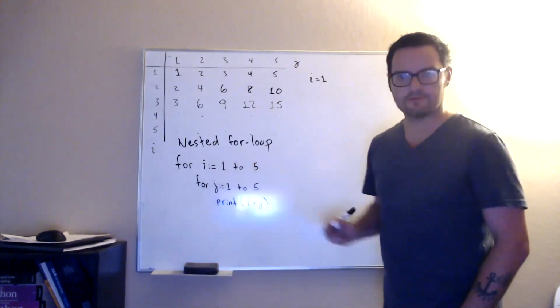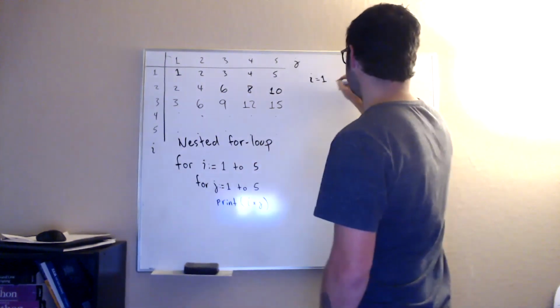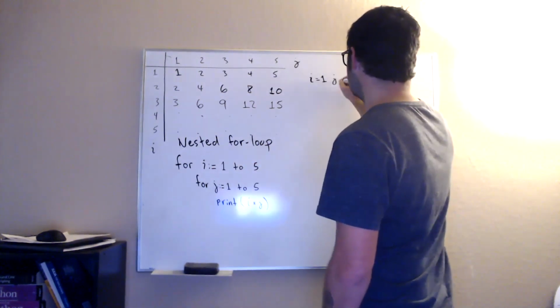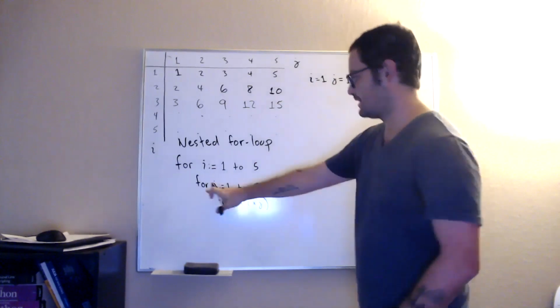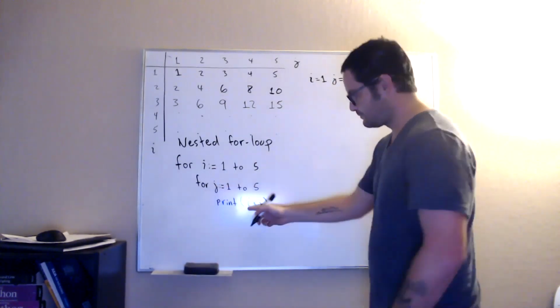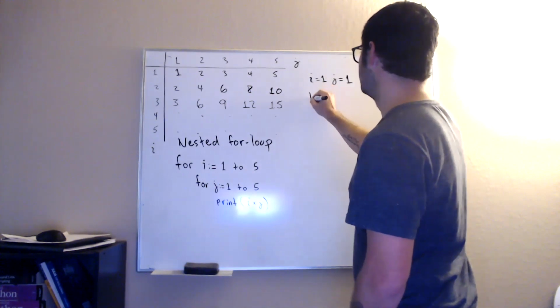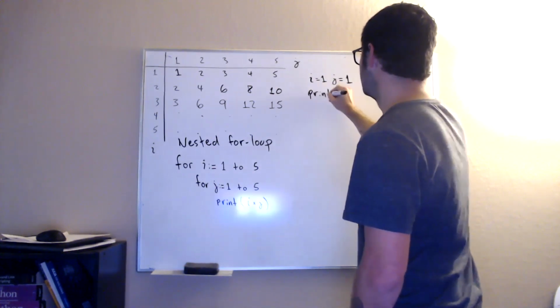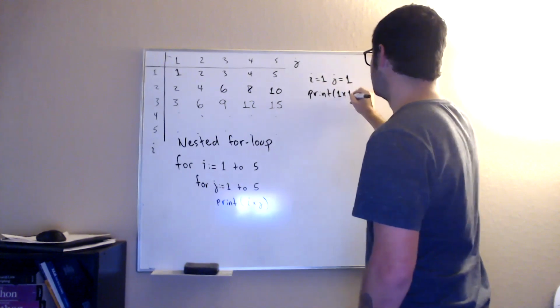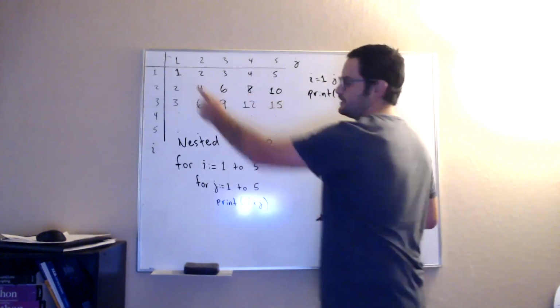We're inside the for loop now, so J is equal to 1, and we're going to multiply those two things together. So we're going to print 1 times 1. And that'll give you that entry there.